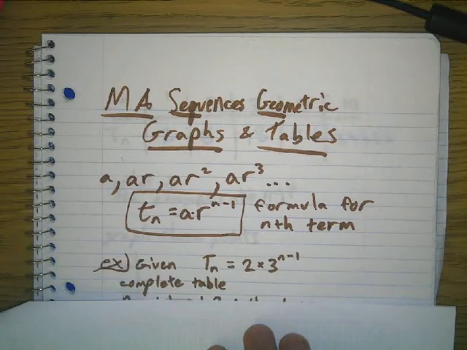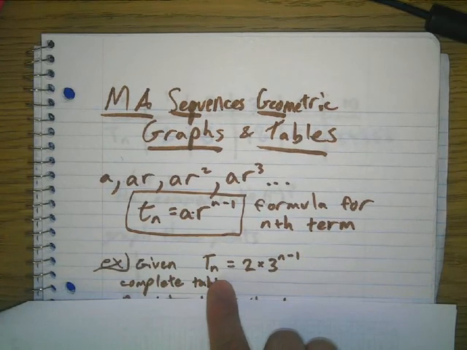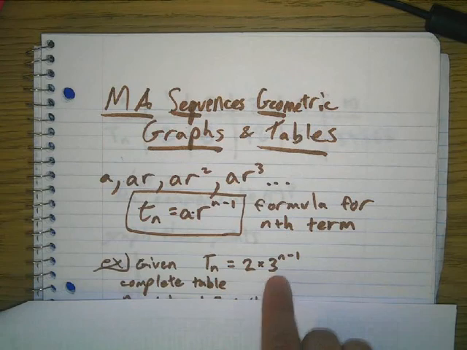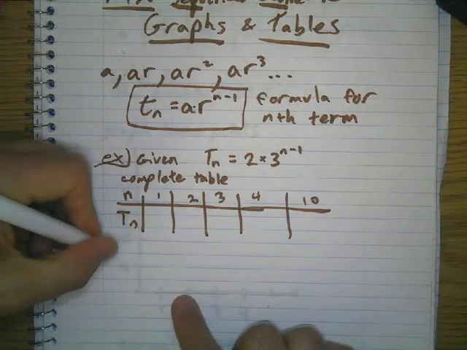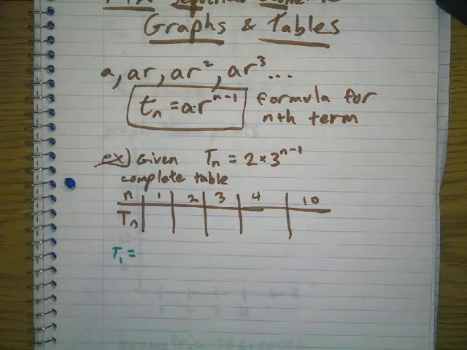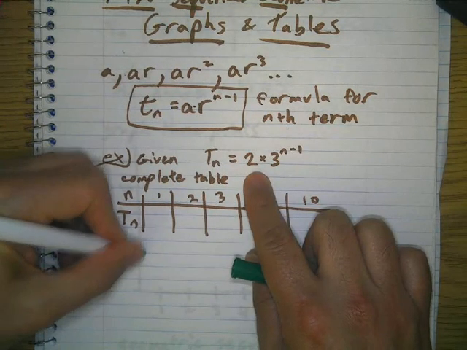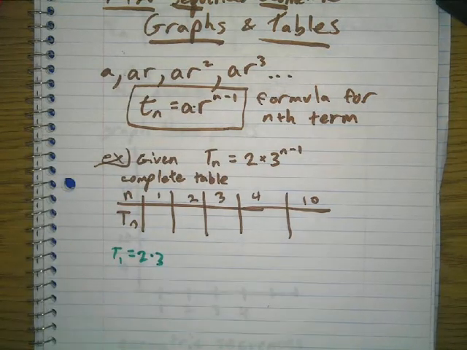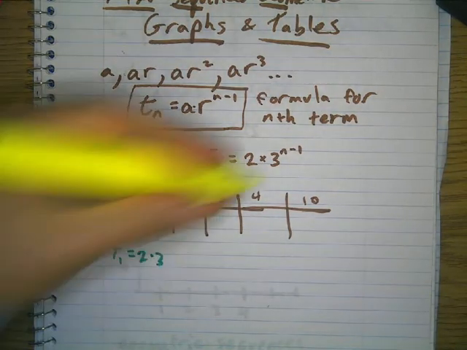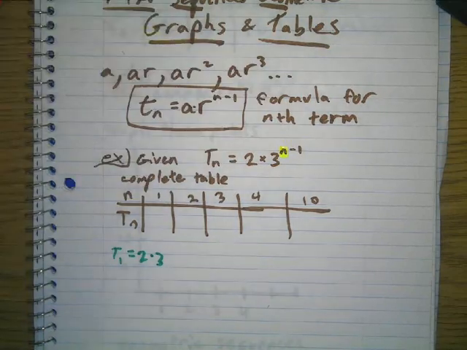Okay, so let's look at an example. T sub n equals 2 times 3 to the n minus 1. Let's figure out how this would play out. What happens if n equals 1? Then I would have 2 times 3, and what we're changing each time is this value right here.